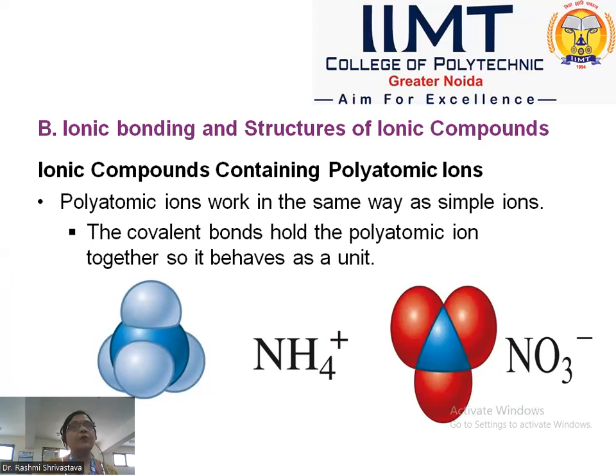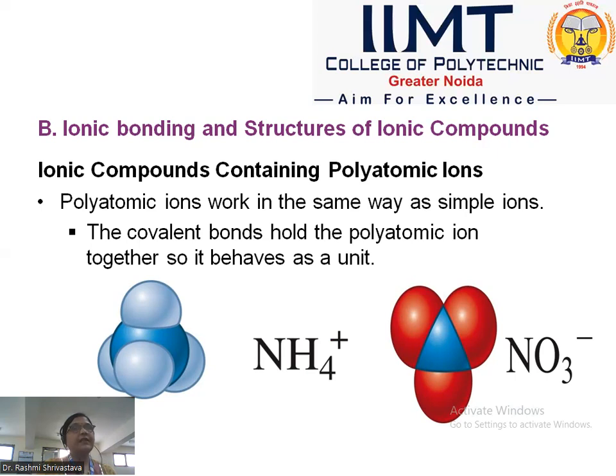Just like the ammonium ion and the NO3 ion. Ammonium: NH3 is a neutral, stable configuration in which nitrogen and hydrogen atoms form 3 covalent bonds, and NH3 is a stable compound.